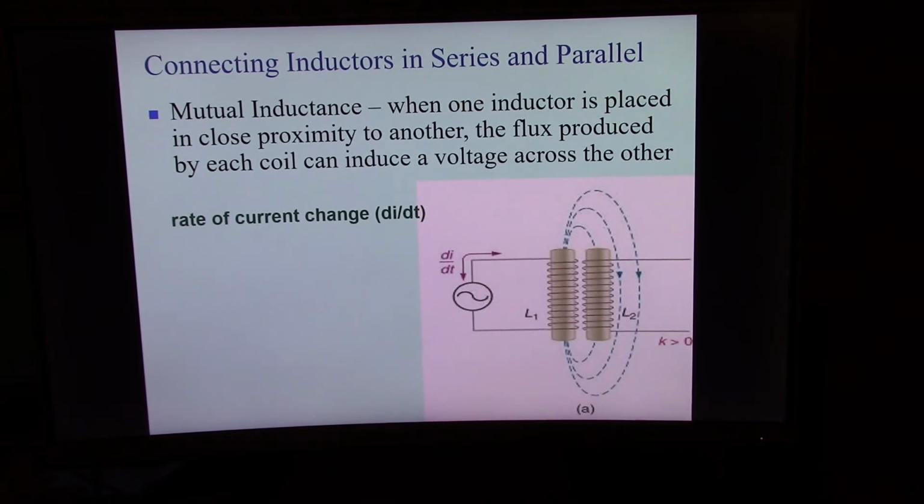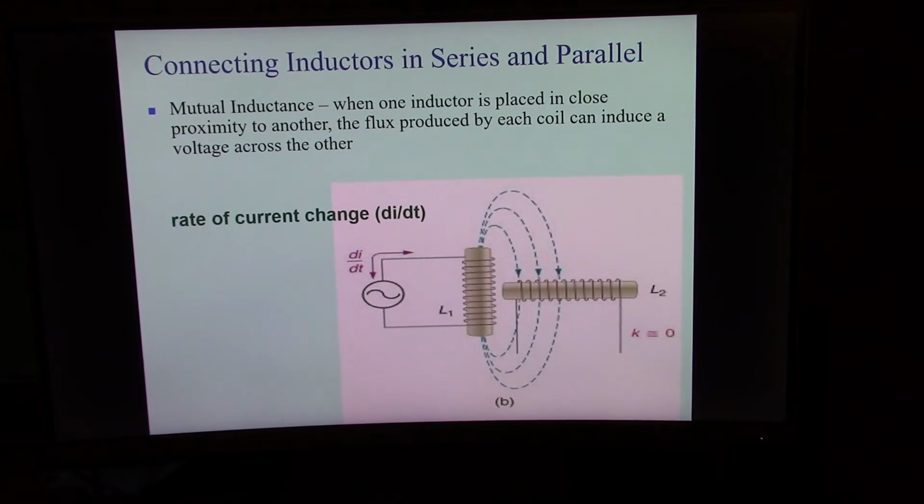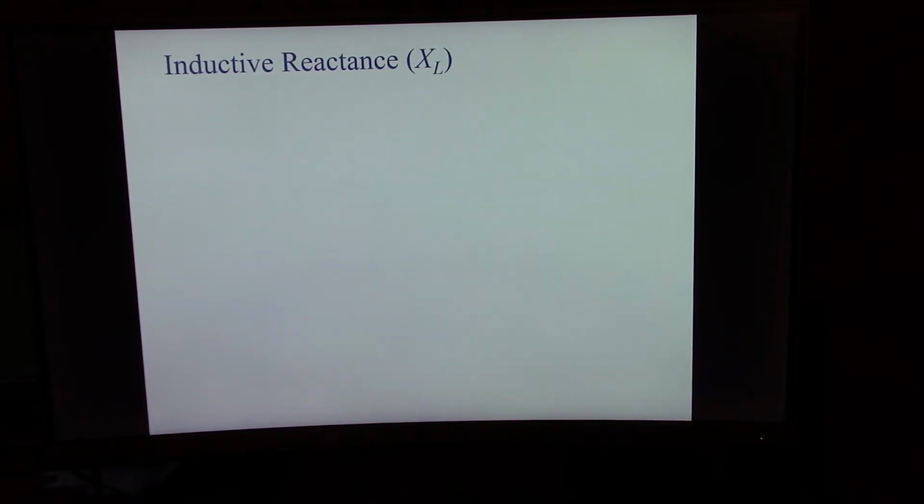And notice that these two are parallel with each other. Now in this case, it is perpendicular to each other. And you will have no voltage developed across this one, because there are less flux lines cutting this device. Okay.